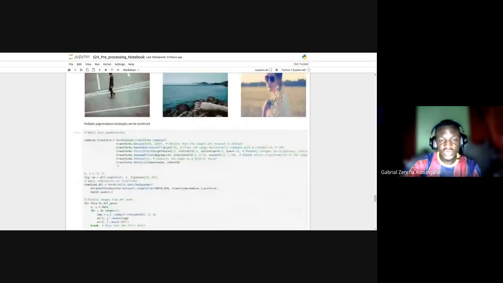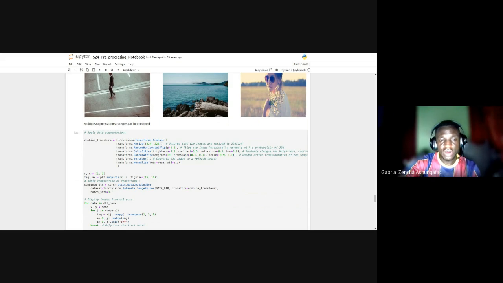PyTorch torchvision transforms also permits us to combine multiple transforms using the compose function from the transforms. So we could always combine multiple of these transforms, but it's important to note that not all transforms are valid. So you should understand your problem and understand the kind of transformation you're applying.